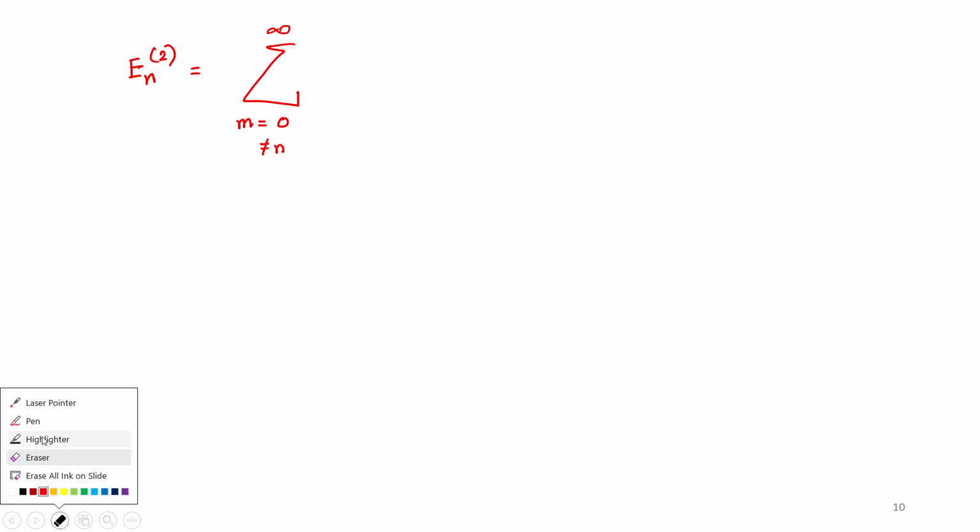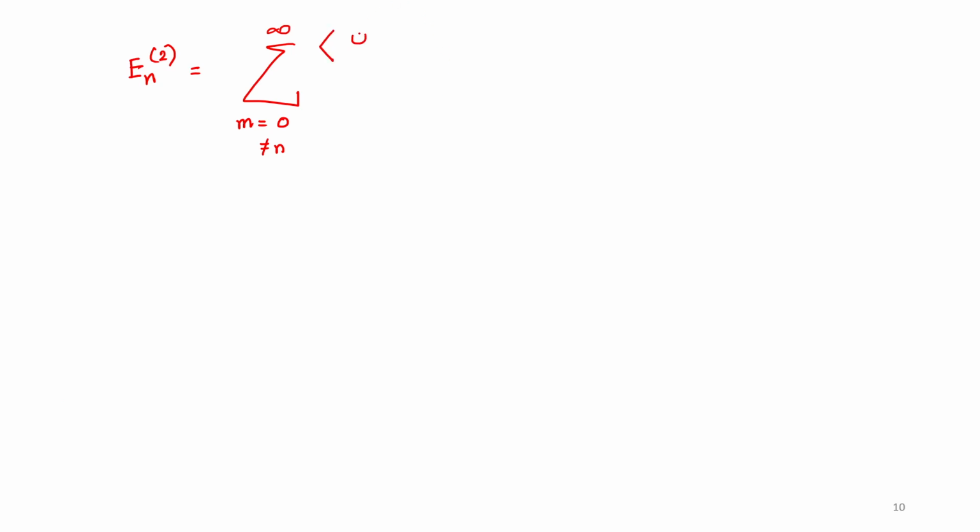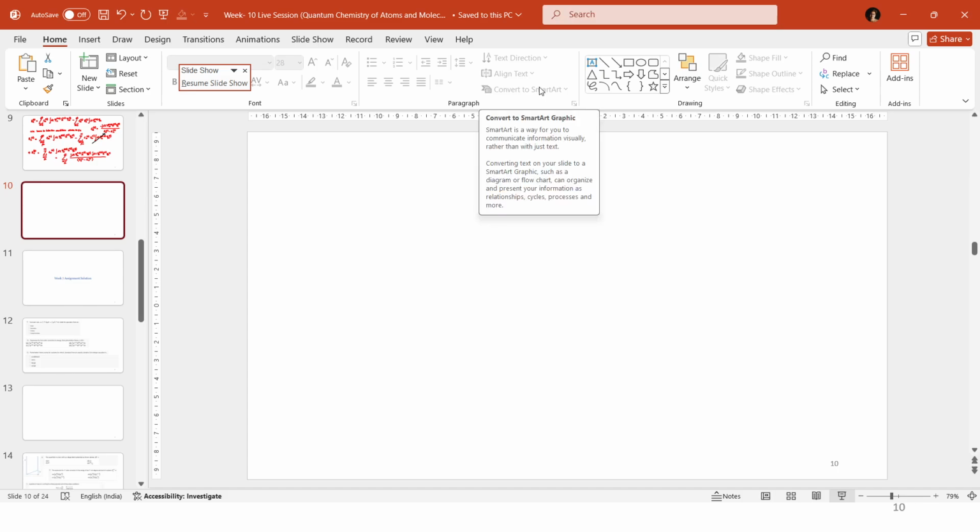So we need to solve the numericals too, right? If I have to write it in terms of bracket notation now, then we have the summation m equals 0, m not equal to n, to infinity, then we have, from the first term, now this is the second.